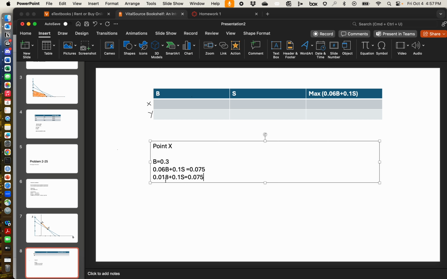So 0.1 S is equal to 0.075 minus 0.018, which will be 0.057. And so S will be 0.57. Right, 0.3 and 0.57. That's one option.